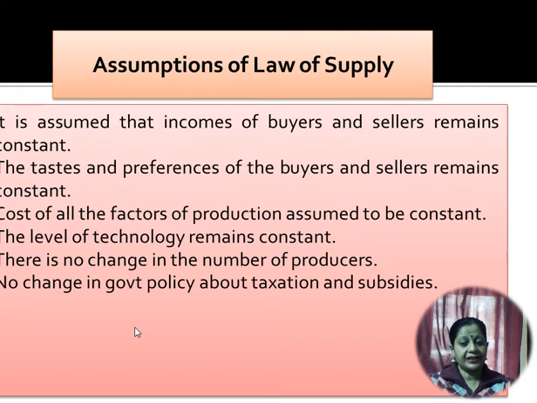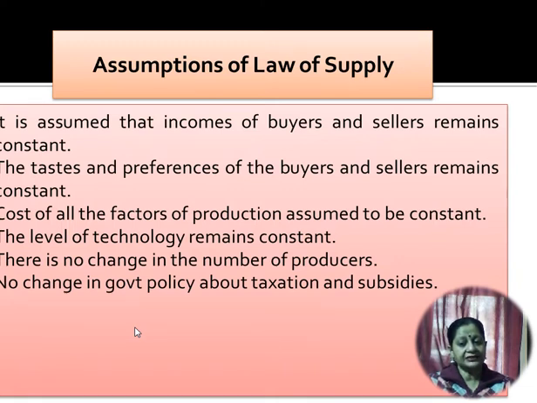Those factors which help in the production of the goods, that is, in converting raw material into finished goods. Those factors which help in the production of a particular commodity are known as the factors of production. For example, land, labor, machine, capital. All these things can be regarded as the factors of production.